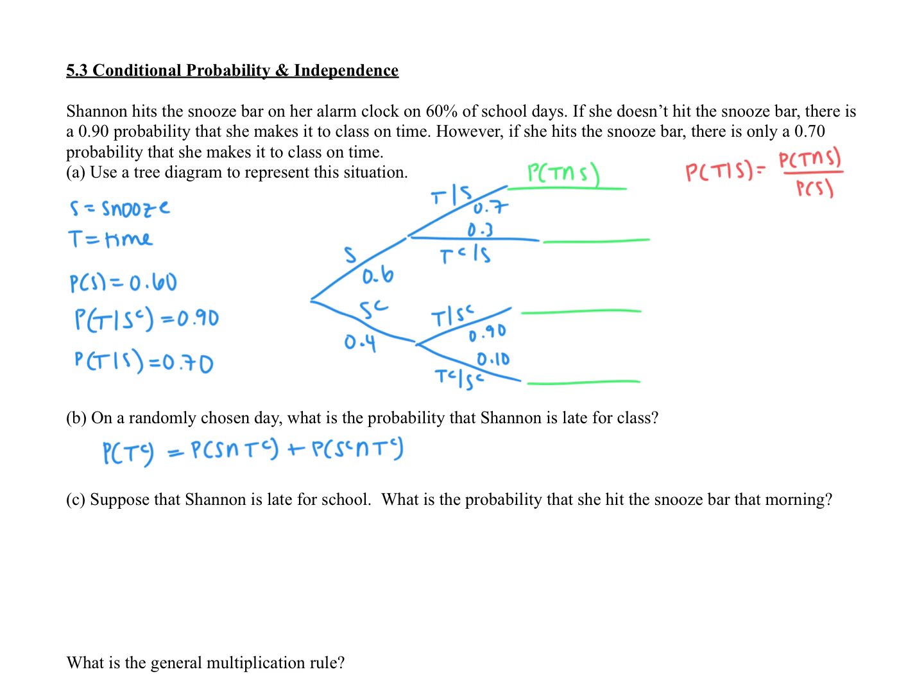So T given S, this is now a formula that's on the formula sheet. So if I put this over 1 then and multiply, I see that the probability of T and S is the probability of T given S times the probability of S. Well, these two are just the previous two branches. T given S is right here, S is given here. So when I multiply the previous two branches, I get an and.